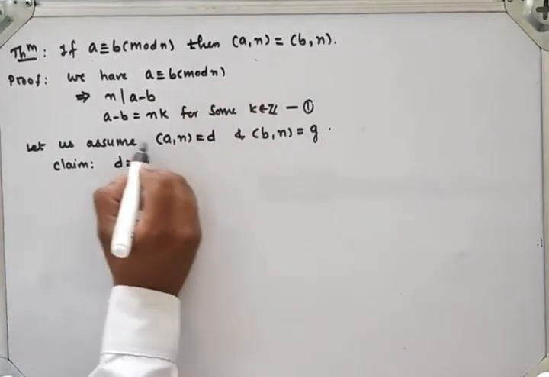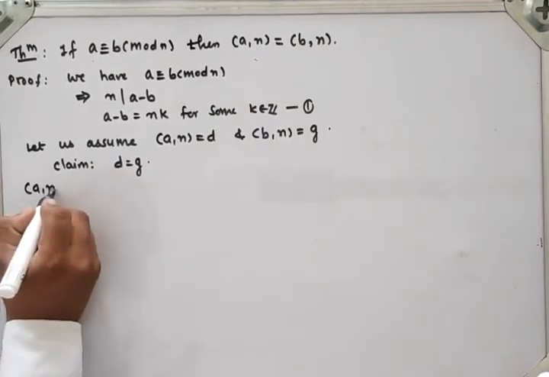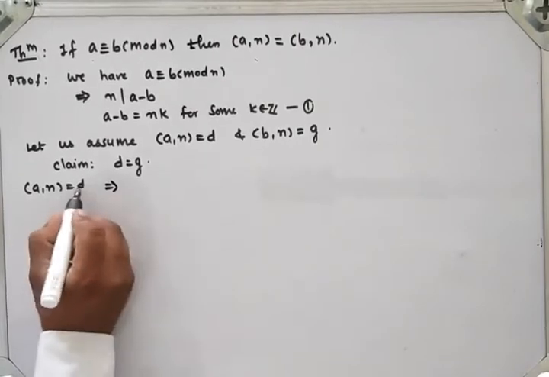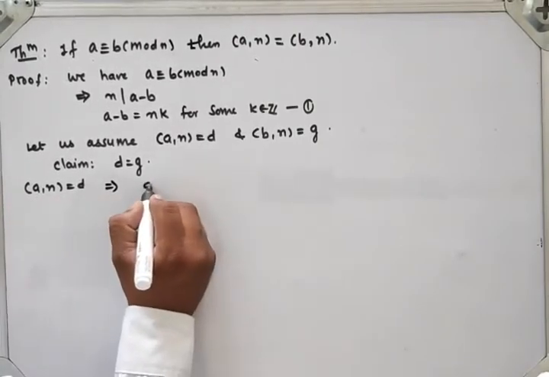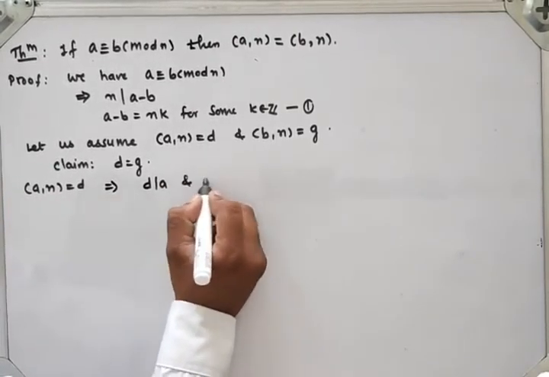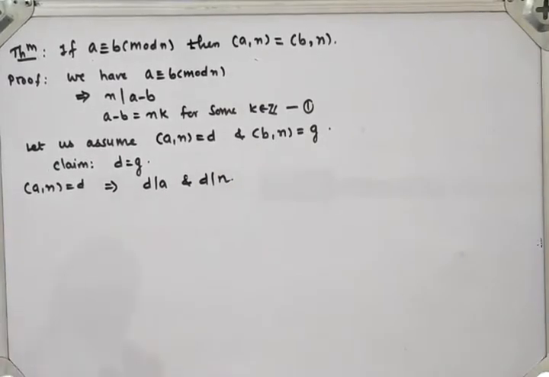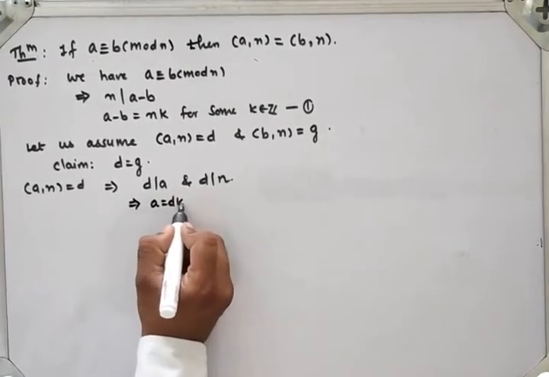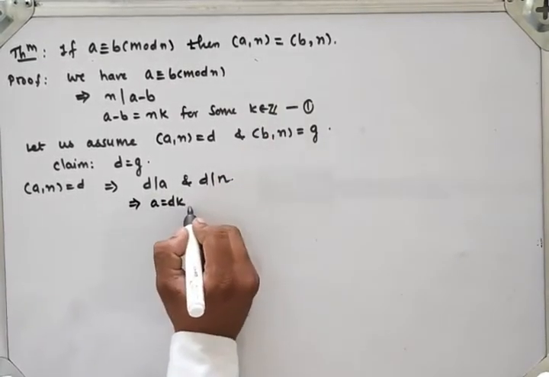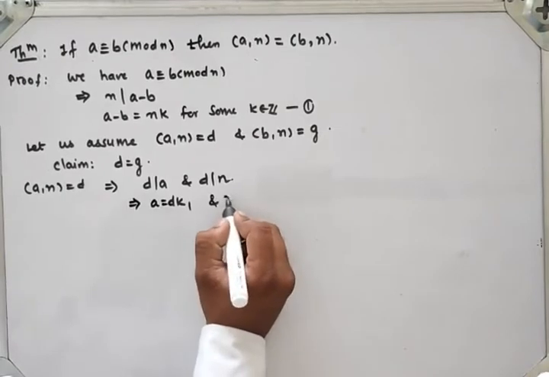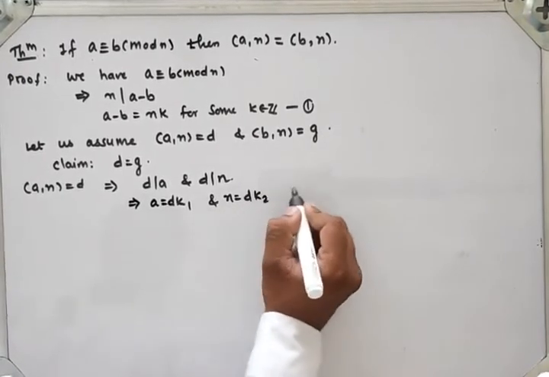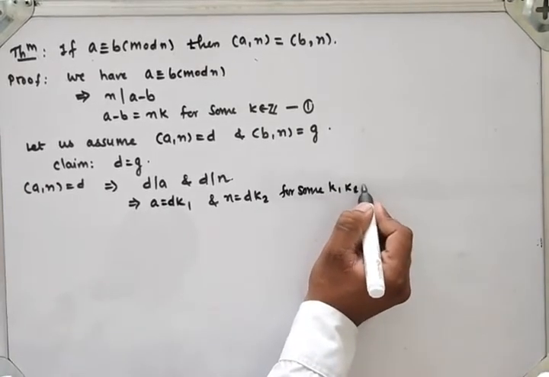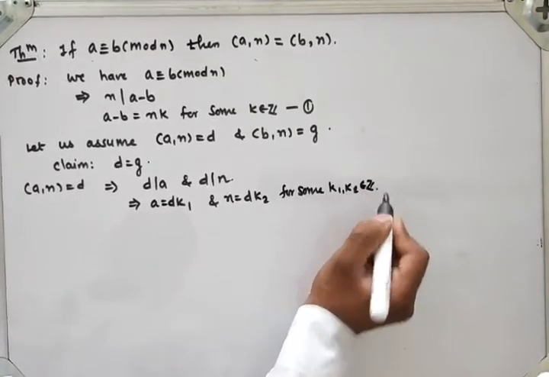We have GCD of a and n is equal to d. Then by using the GCD theorem, if d is the GCD of a and n, d divides a and d divides n. Then by the definition of divisibility, a is equal to d k1 and n is equal to d k2 for some k1, k2 belonging to the set of integers.